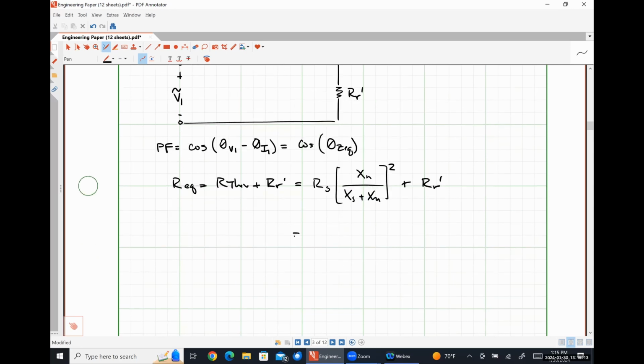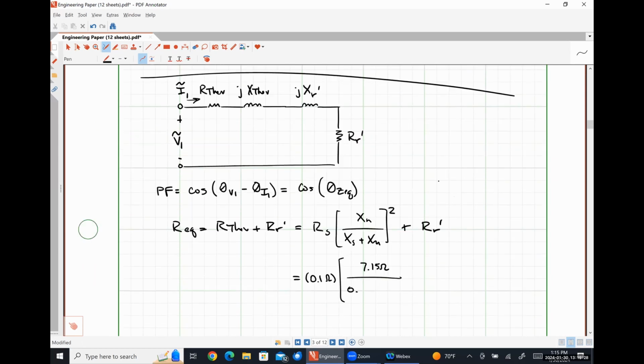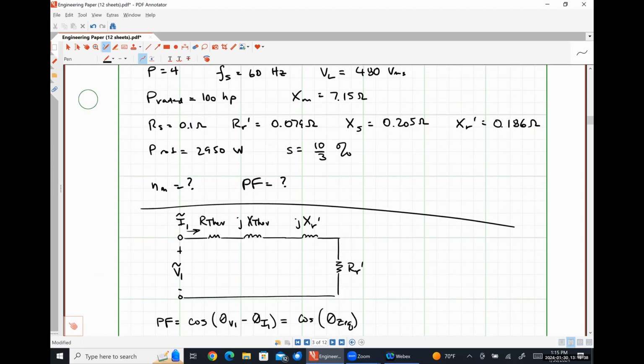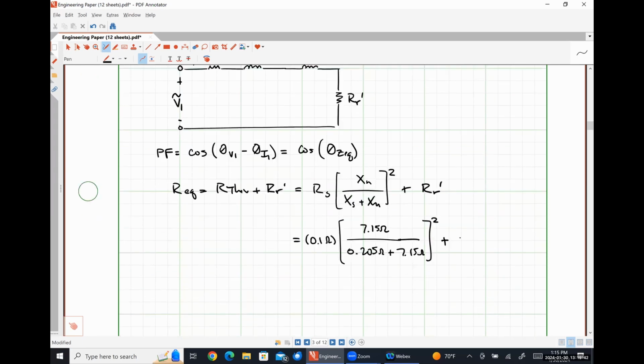Putting numbers into this, I believe we have 0.1 ohms times 7.15 ohms divided by 0.205 plus 7.15 ohms, quantity squared, plus RR prime, which was 0.079 ohms.